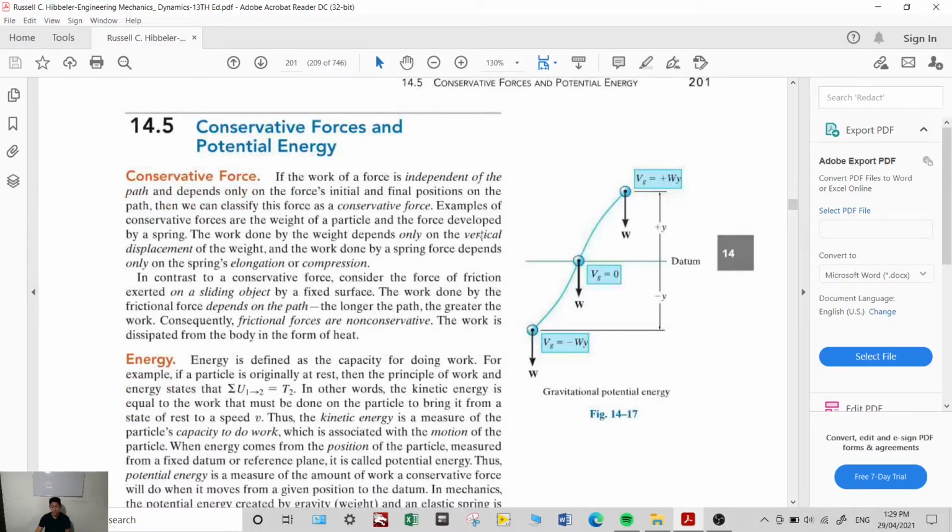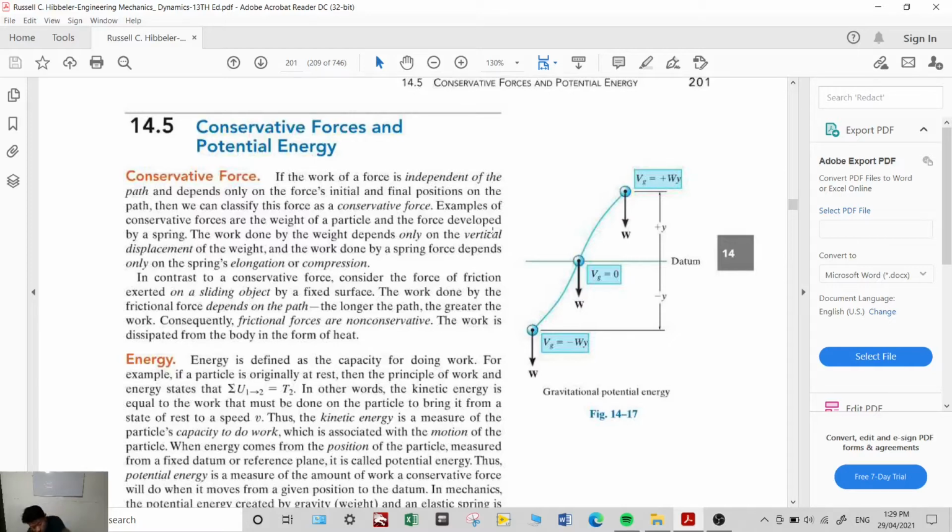First, we define a conservative force: a force is conservative if its work is independent of the path and depends only on the force's initial and final position.